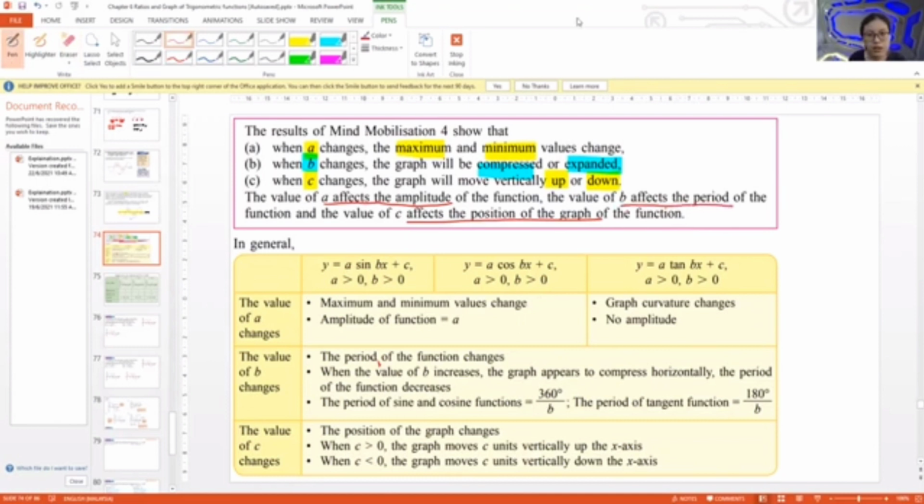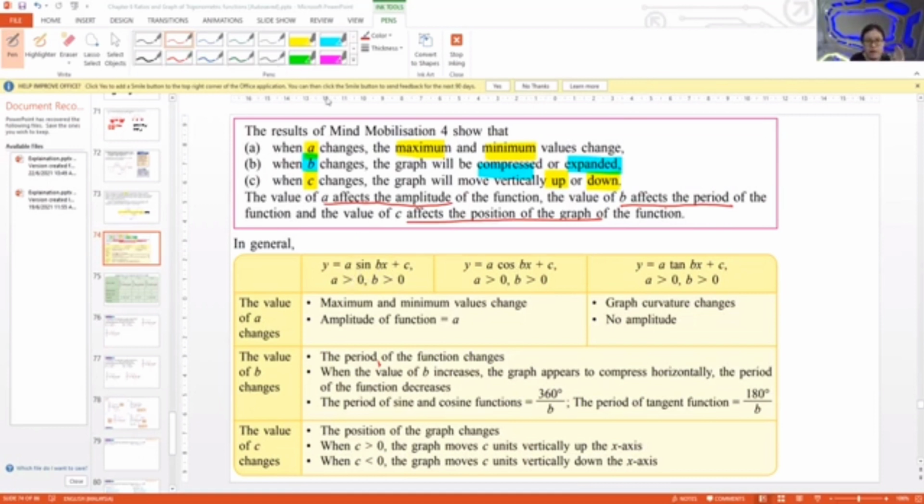Okay, so you highlight already, then we go to the yellow boxes there. In general, we can say that it is distributed into 3 parts.